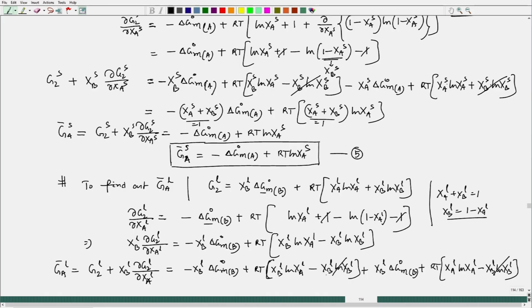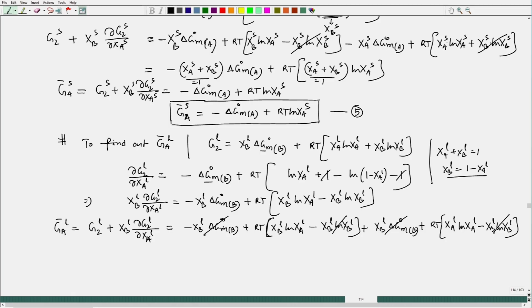So this would cancel these two terms, and these two terms will also cancel. So now we get G A bar L is equal to RT XAL plus XBL ln XAL.